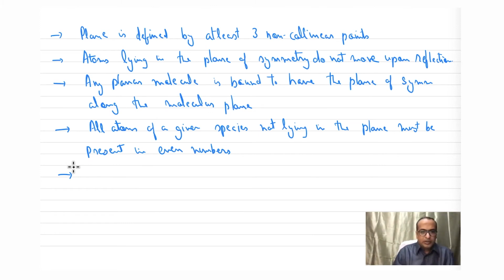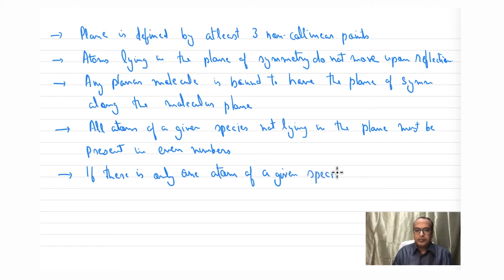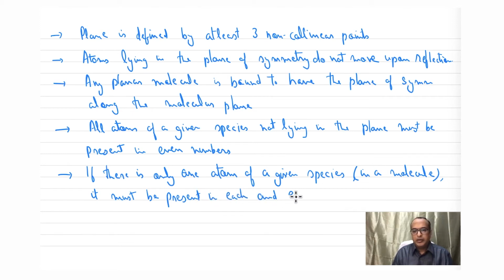Okay. So a corollary from this point, if there is only one atom of a given species in a molecule, it must be present in each and every plane the molecule may have.